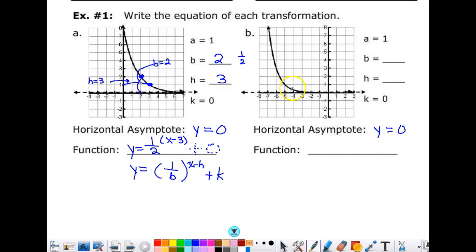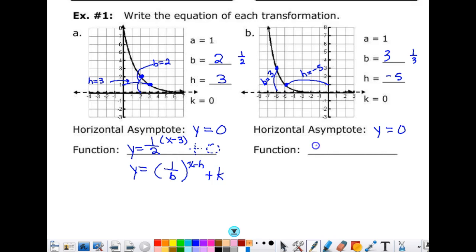Flat, flat, flat, first point, second point. So what is the h? H is a big old number here. What is the h? What happened? Negative 5, good. And what is the b? It's 3. But if you want to write yourself a note, hey, remember to use 1/3, that might help.